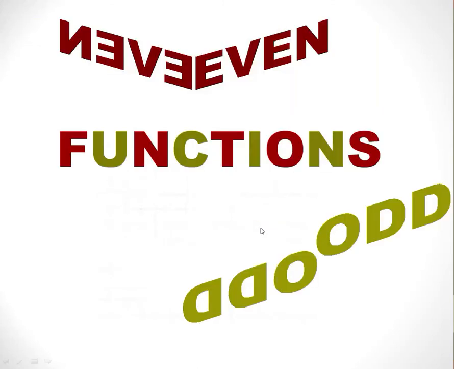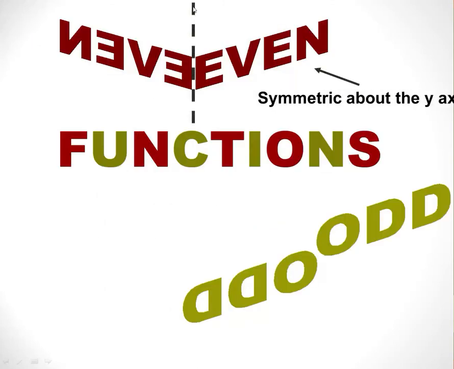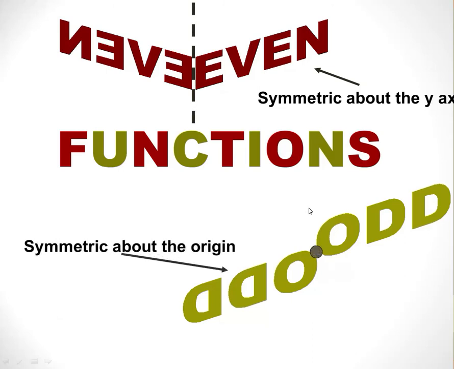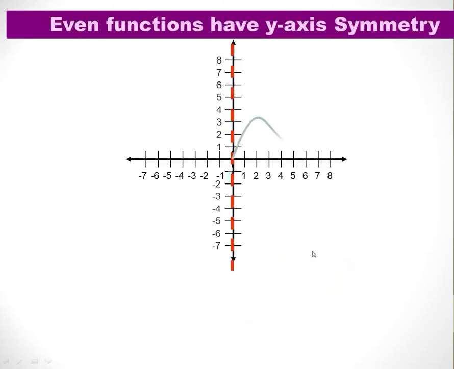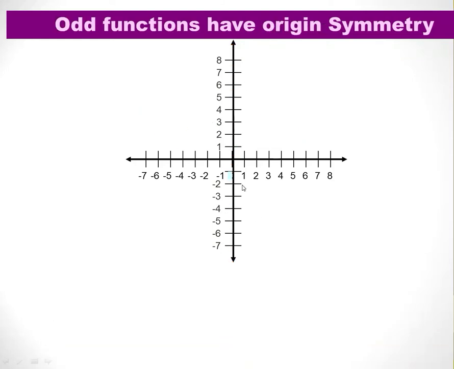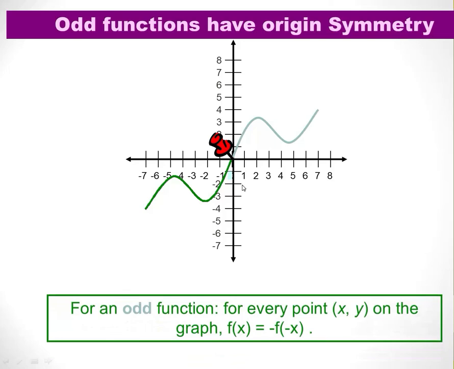So an even function has the y-axis as an axis of symmetry, and an odd function has the origin as the center of symmetry. As in this example, it's an even function. This example is an odd function.